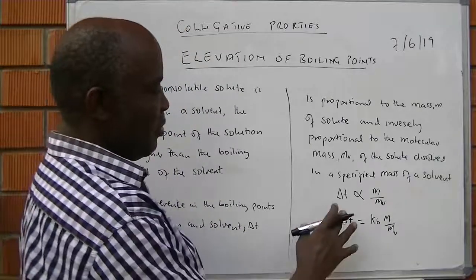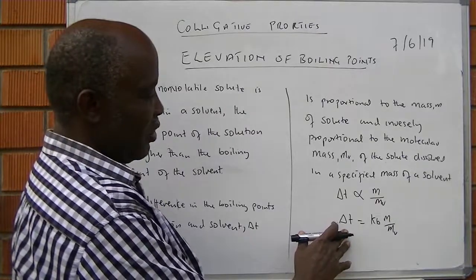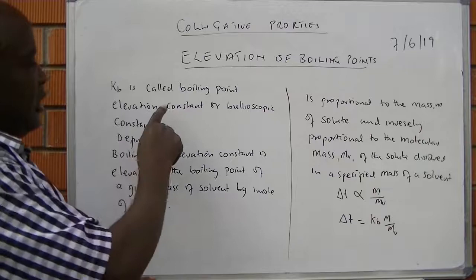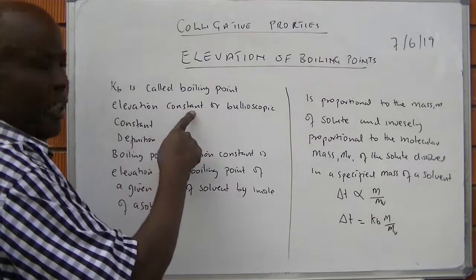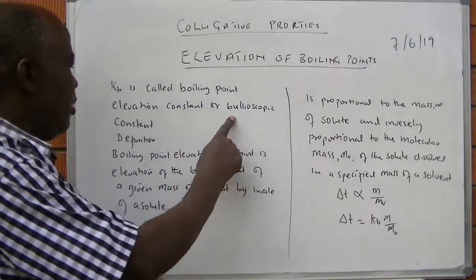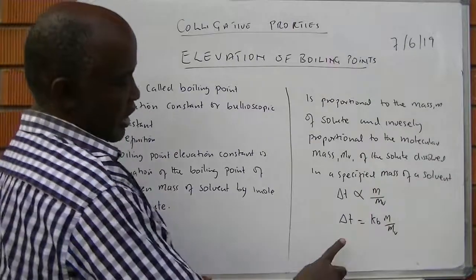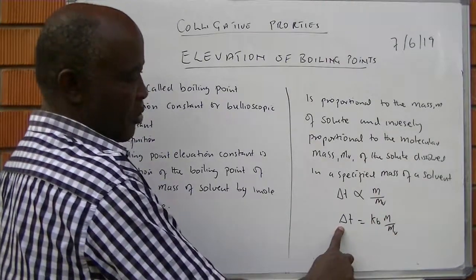Whenever you remove a proportionality sign, we put a proportionality constant Kb. Kb is called the boiling point elevation constant or ebullioscopic constant. By definition, when m is equal to Mr, then Kb is equal to dT.